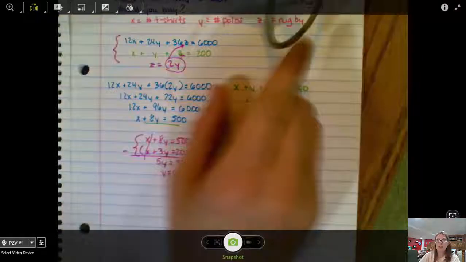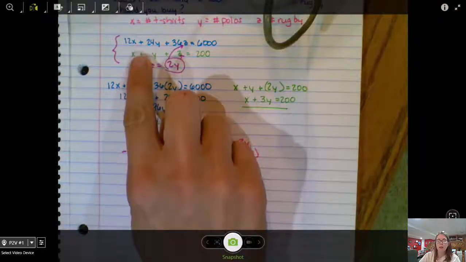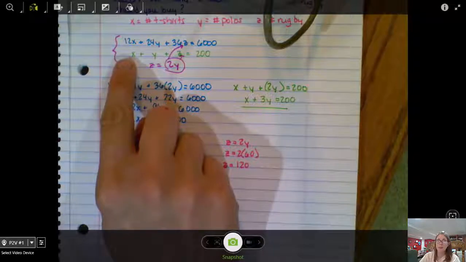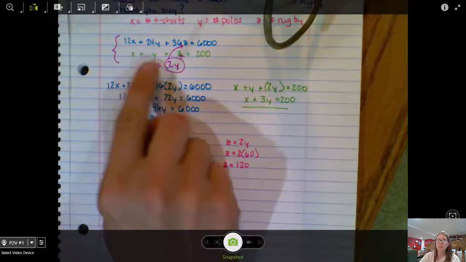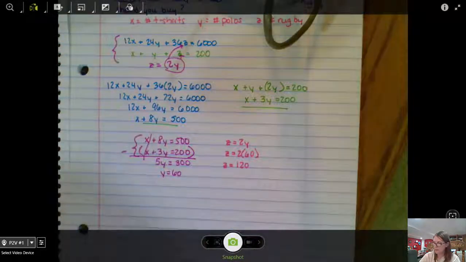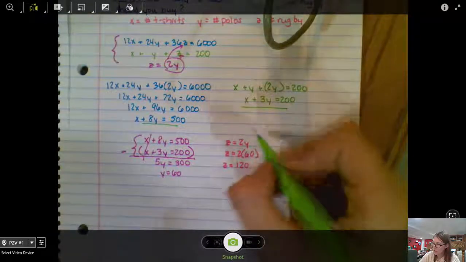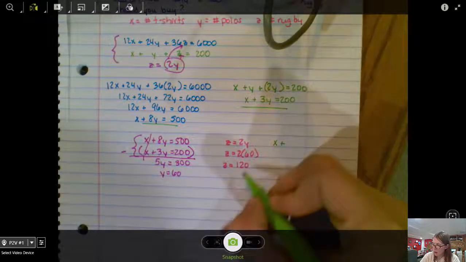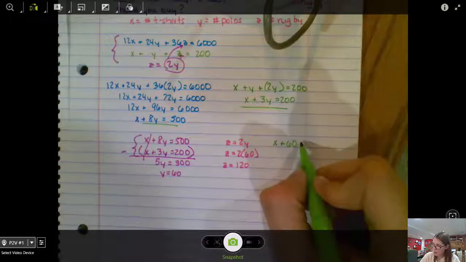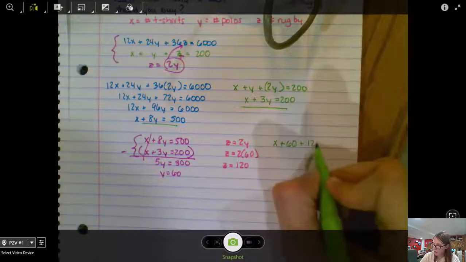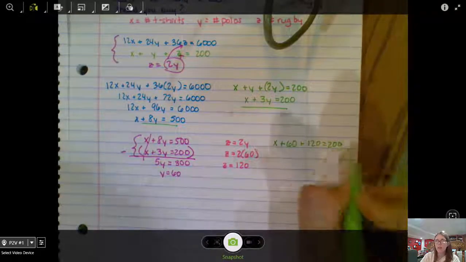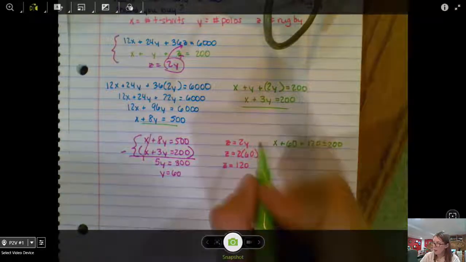And then my other equation right here in the blue, I could use the blue, but the green would be way easier. x plus y plus z equals 200. I don't know x yet, but I know y is 60. And I know z is 120. Altogether, that's 180.